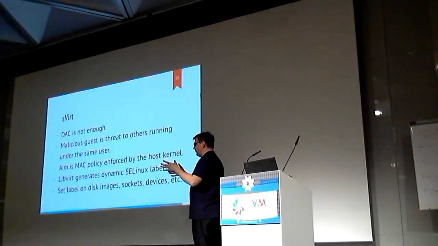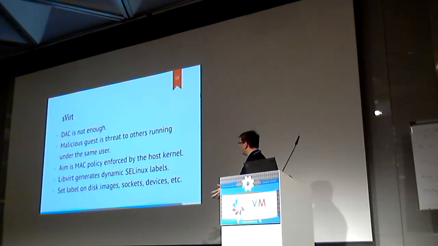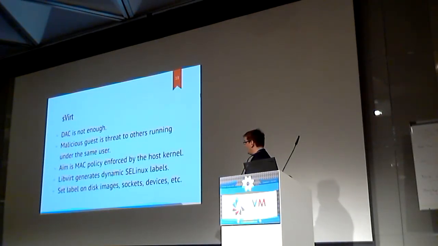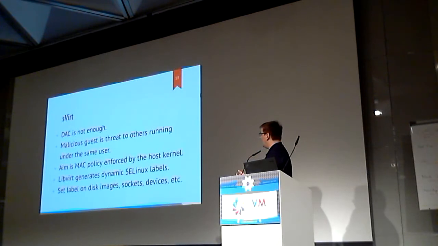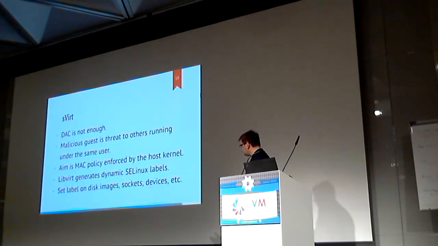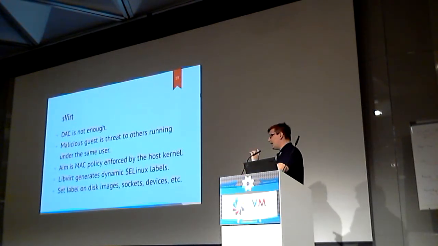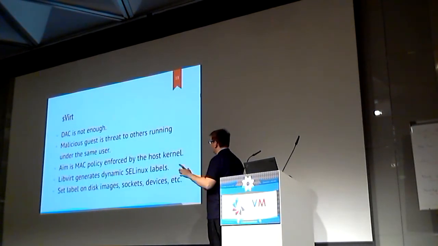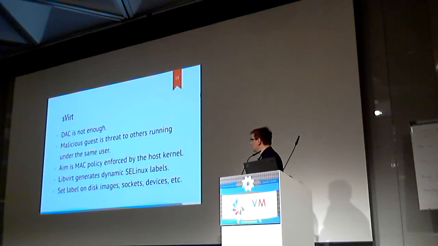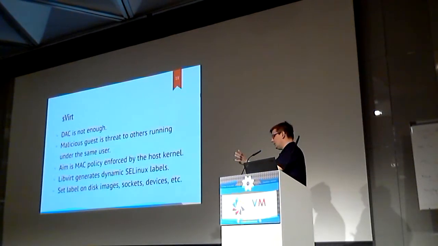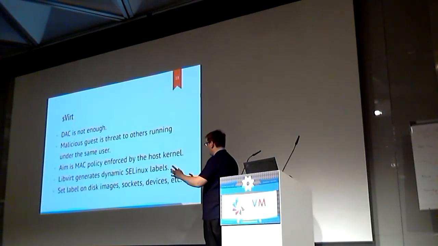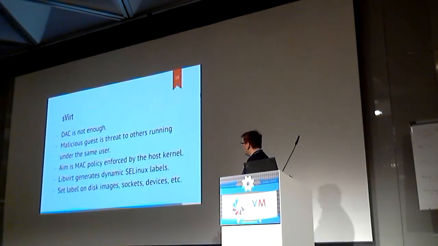So if a guest gets compromised, it is a threat to other domains as well, and potentially the host system too. So one of the aims here is to have a policy enforced by the host kernel, so that even domains running under the same user cannot really harm each other.